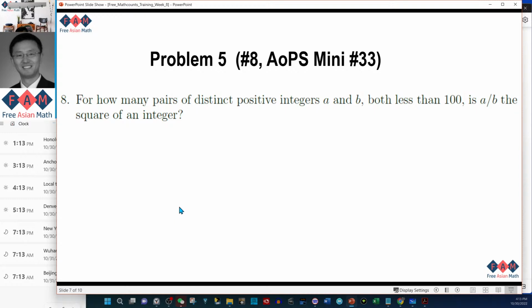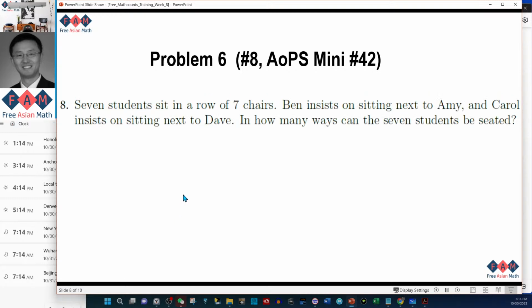Next problem. This is from Mini 42, problem number 8. Well, this problem can actually be quite tricky. You have 7 students sitting in a row of 7 chairs. Ben insists on sitting next to Amy.